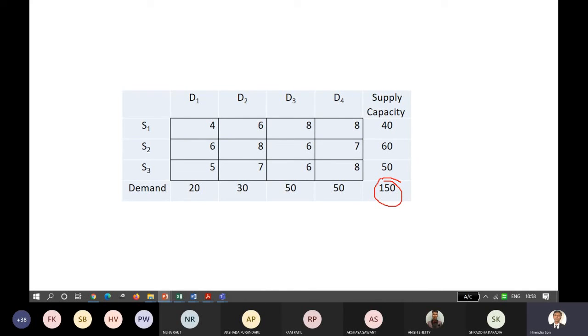In reality, you may not always have demand matching with the supply. So the problem can be unbalanced also. And in that case, appropriately, a dummy row or a dummy column needs to be inserted. Okay, up to this?